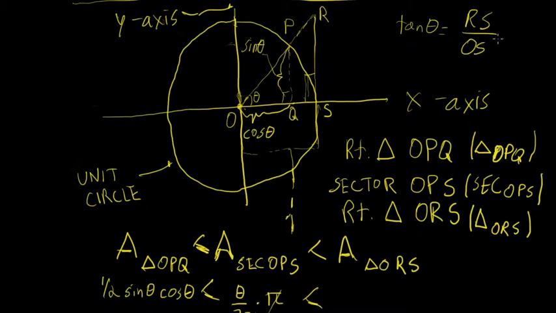Well, OS is just 1, right? This is RS over 1. So this means that RS, and these 3 dots here just mean therefore, so therefore RS is equal to tangent of theta. But tangent of theta is the same thing as sine theta over cosine theta.